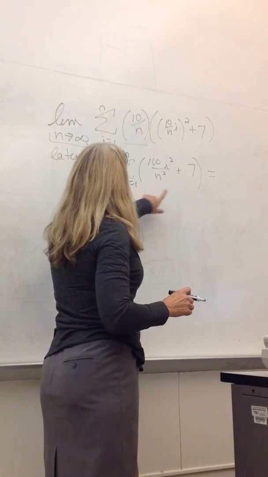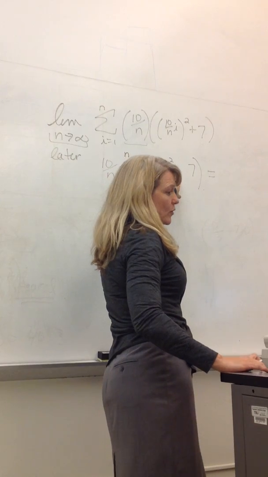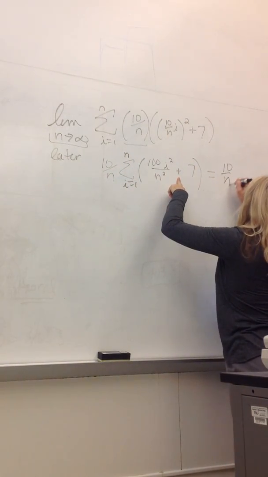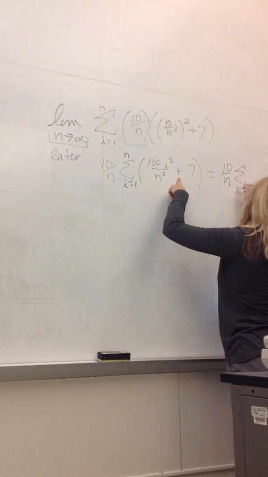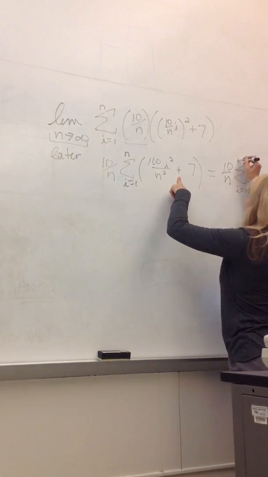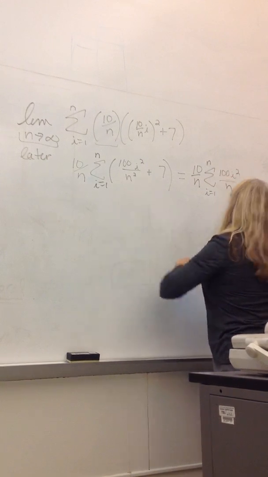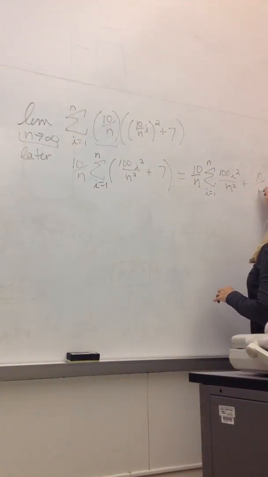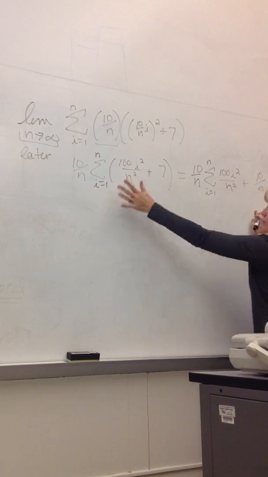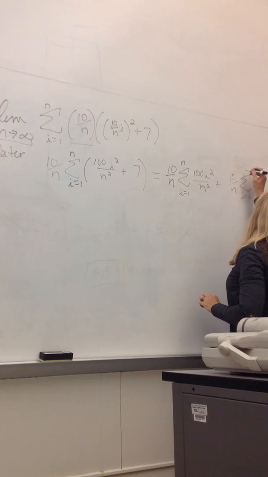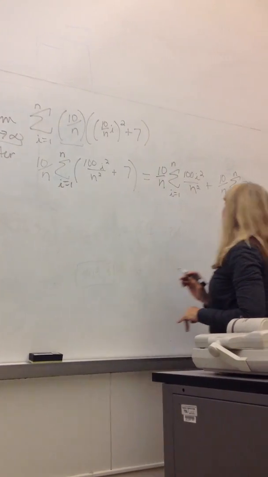There's a rule, I mean, just think about it in adding in general. The order that you add things doesn't matter. So I could rewrite this then as two different sums, 100 i squared over n squared plus 7, but the 10 over n is multiplying the whole thing.